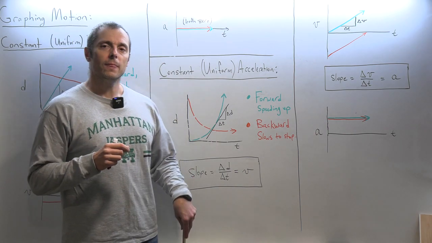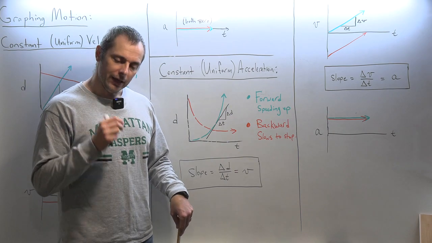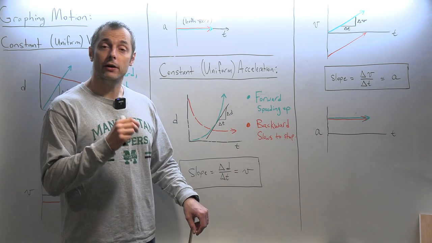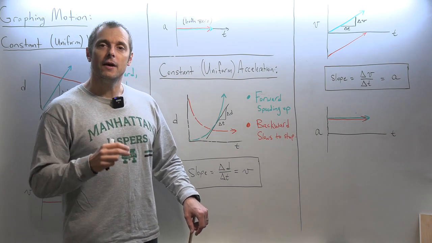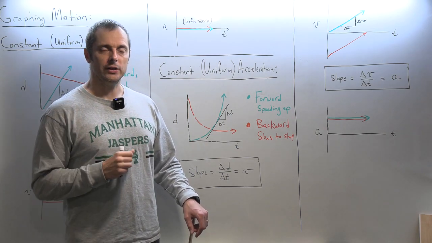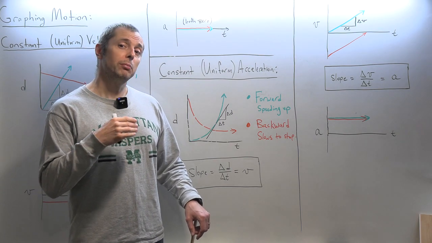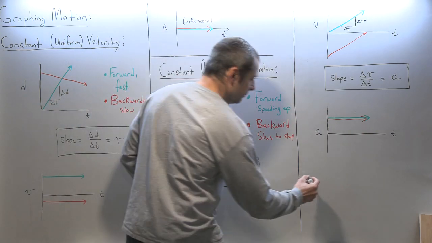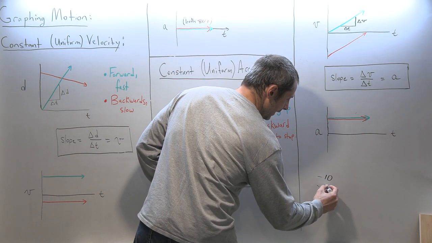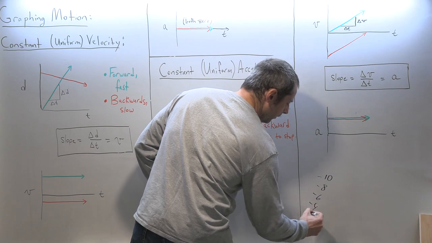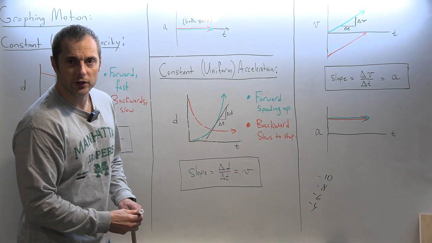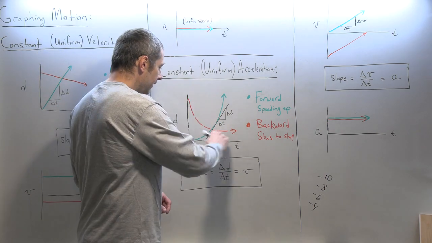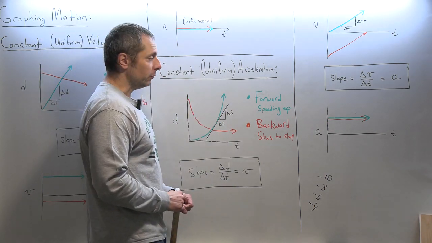The key is if you have a positive velocity to slow down, you need a negative acceleration, yes. But if you have a negative velocity, to slow down, you need a positive acceleration, okay? Again, your velocity might be -10, -8, -6, -4. That's a positive change every second to slow down when you're going negative. So slowing down negative, positive acceleration.